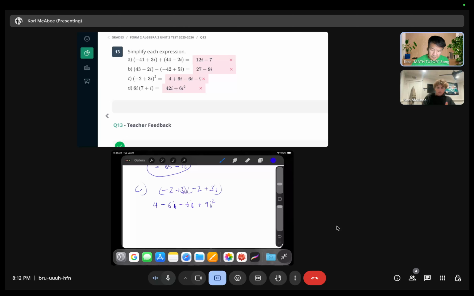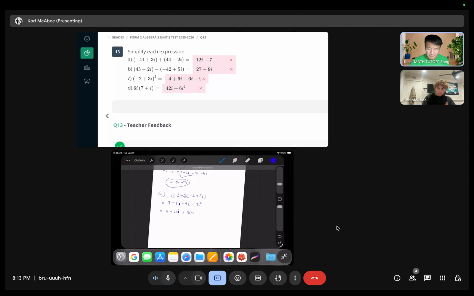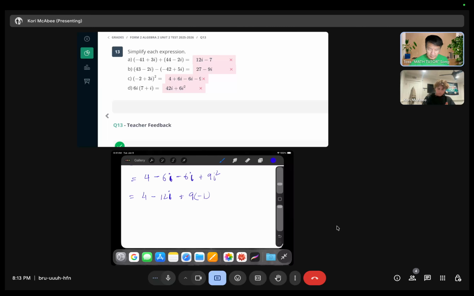But here, let me make the i clear. Okay, continue next step. 4 stay 4 minus 12i, plus 9 times negative 1. Don't forget the i squared is equal to negative 1. And if you show the work, it'll be 4 minus 9 minus 12i.